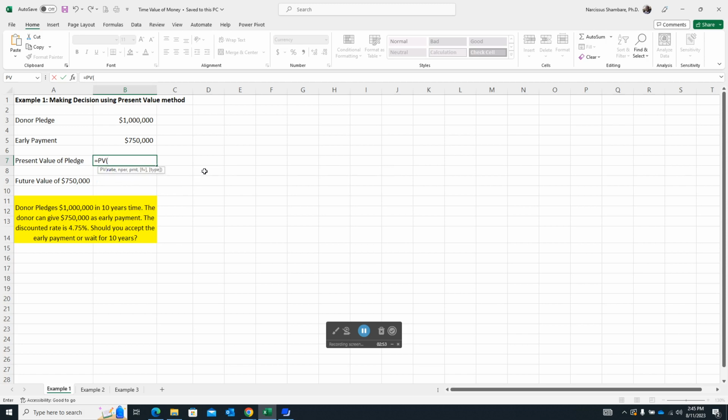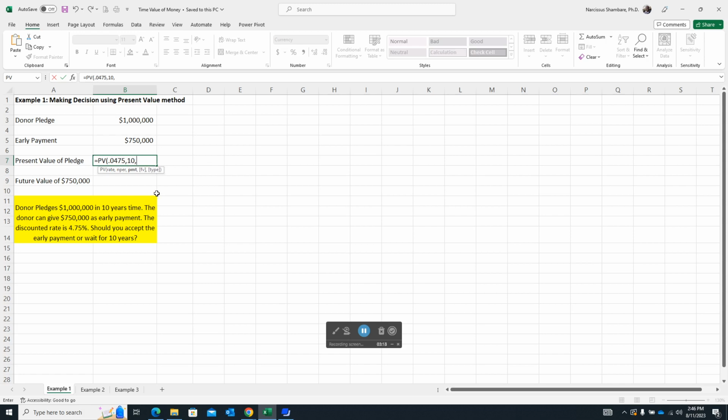We activate the function, and we know the discount rate is 0.0475, that's 4.75%, comma, and the number of periods, which we've been told is 10 years, comma, and then the future value.